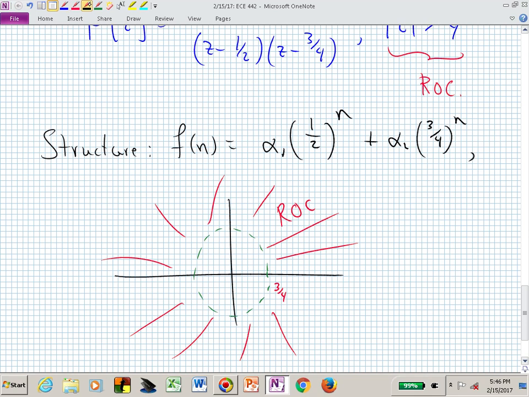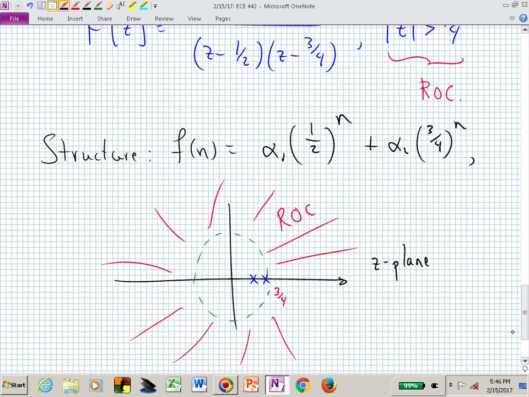Here we know that in this z-plane sketch, we have poles at 1/2 and 3/4, and our region of convergence is beyond, or exterior to, all of our poles. Does that clue you in on where the values of n need to be defined, or where little f of n is valid?